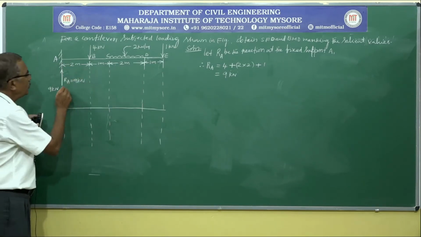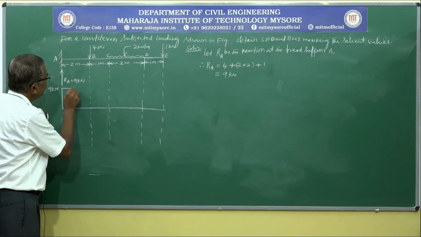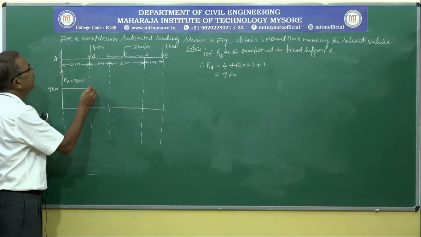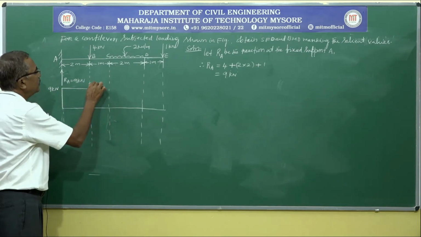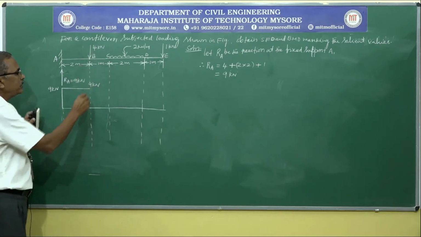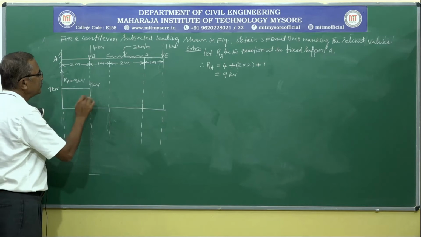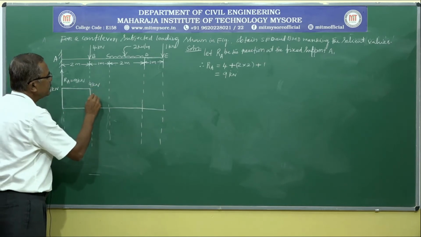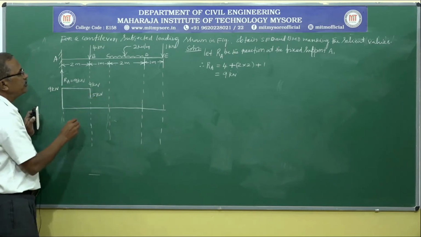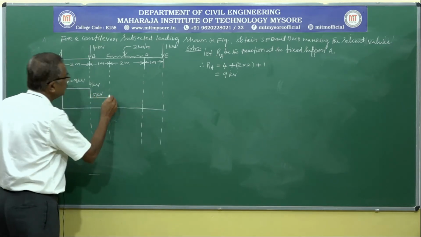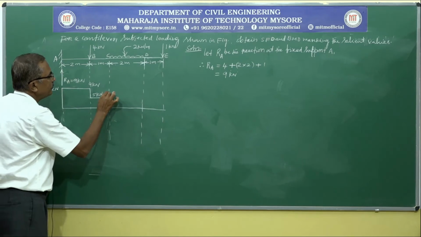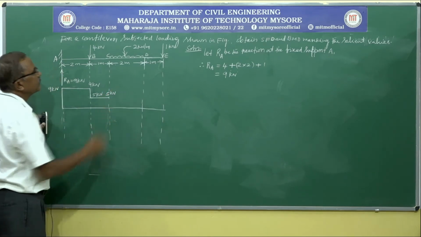Between A and B no load, we know variation of shear force diagram is a horizontal line at 9 kilonewton. At point B there is a vertical load, come down by 4 kilonewton, 9 minus 4 it is 5 kilonewton. Next between B and C no load, here also it is 5 kilonewton horizontal.